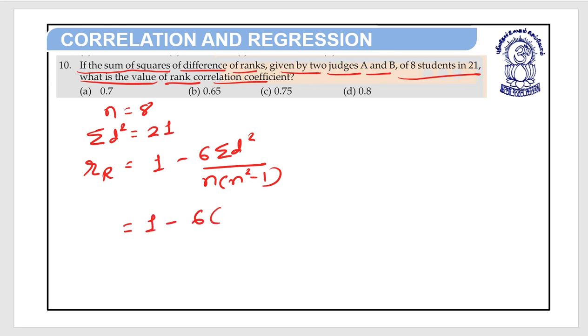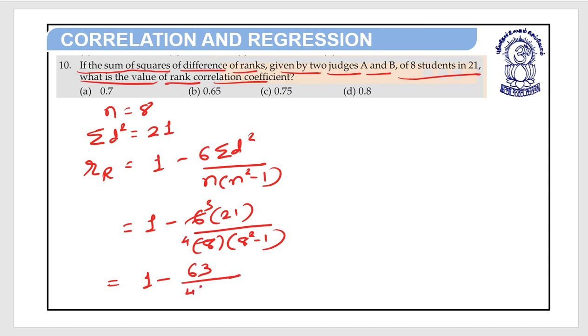1 minus 6 into 21 upon 8 into 8 square minus 1. 2 3s are 6, 2 4s are 8. 1 minus 63 upon 8 into 63, since 64 minus 1 is 63. 63 cancels. 1 minus 1 by 4, which is 3 by 4.